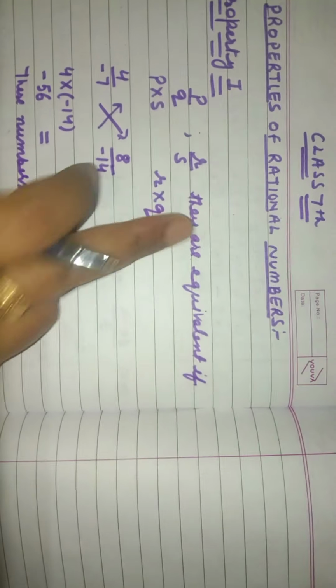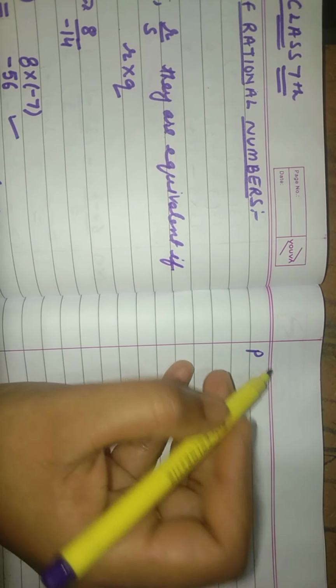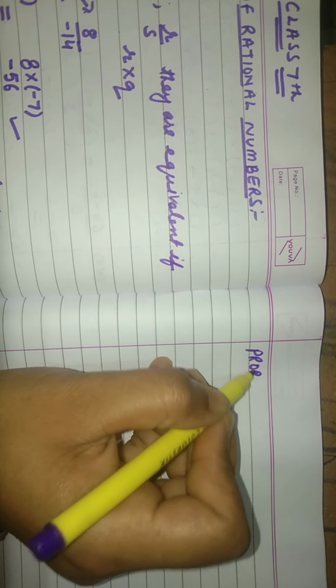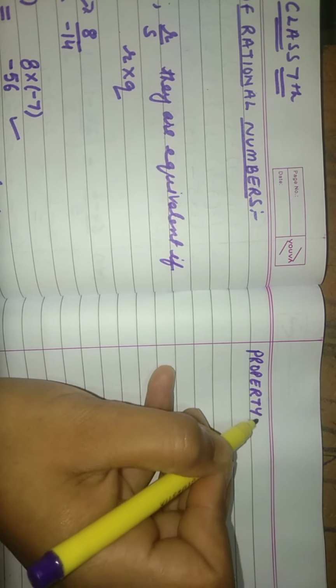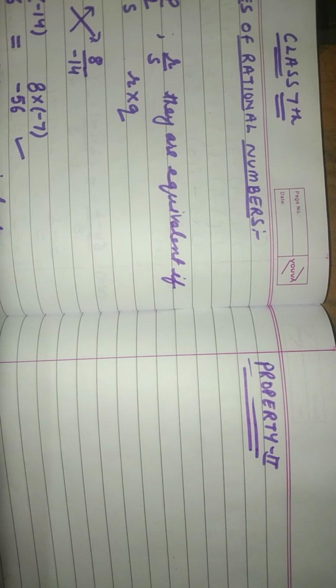Fine. So this was property number 1. Now let us discuss property number 2. What does the second property say?